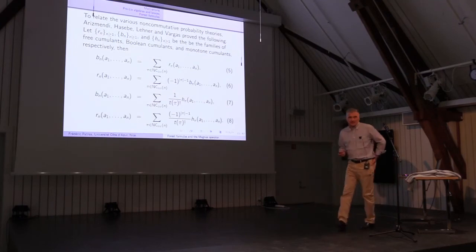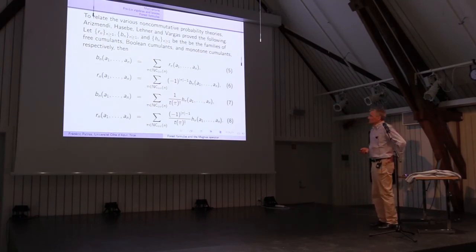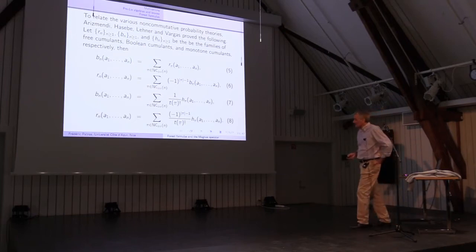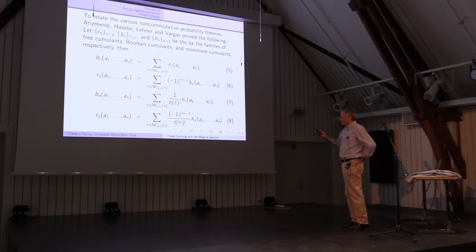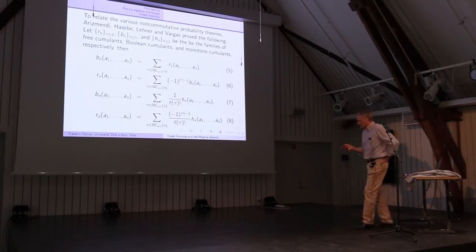To relate these various theories, you may want to relate the notion of cumulants, because they really encode the fundamental properties of the probability theories you're considering. And so Arizmendi, Hasebe, Lehner, and Vargas managed to obtain closed formulas relating the various theories. The formulas themselves are not very important.